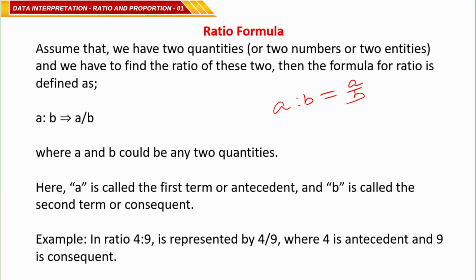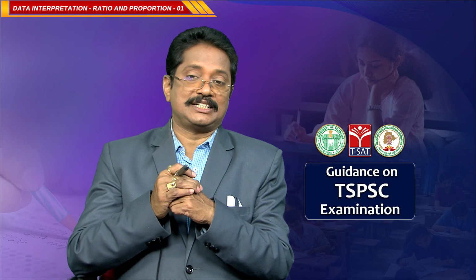The terminology is very important. In A is to B, the first term is called antecedent and the second term is called consequent.